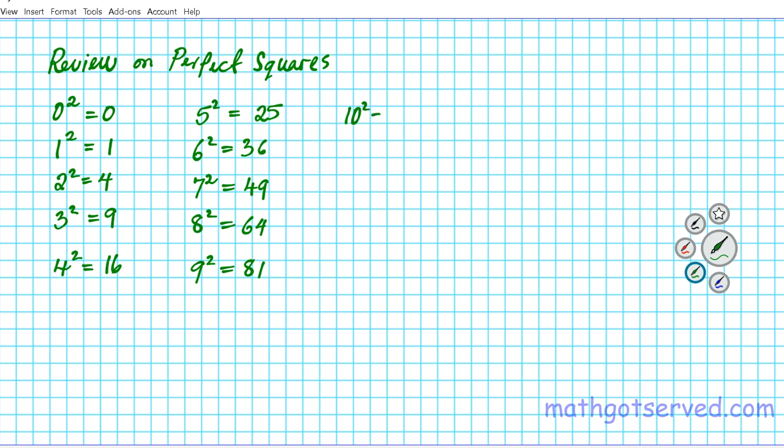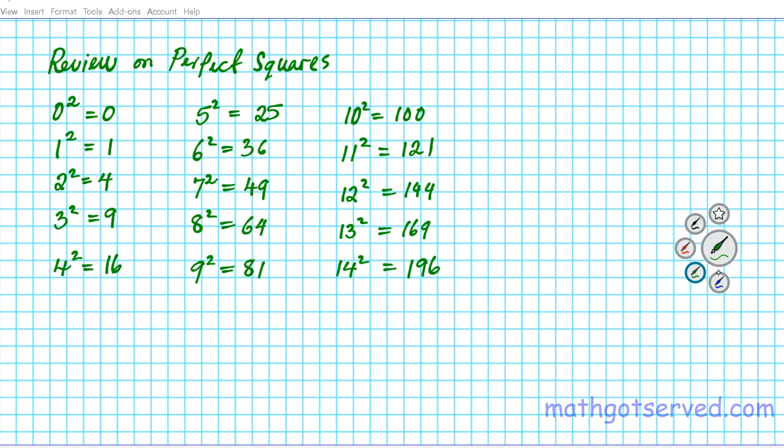10 squared is 10 times 10, 100. 11 squared is 121. 12 squared is 144. 13 squared is 169. 14 squared is 14 times 14, which is 196.